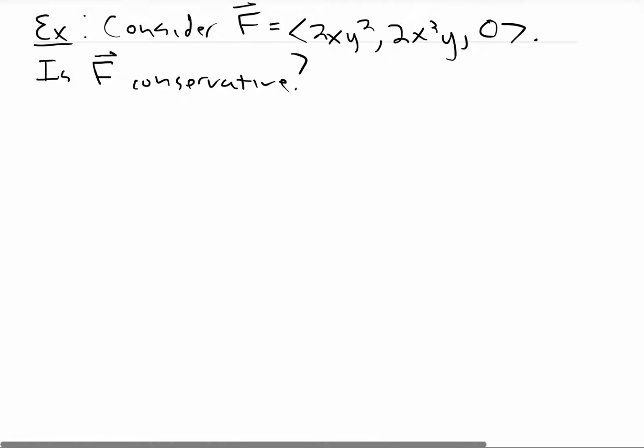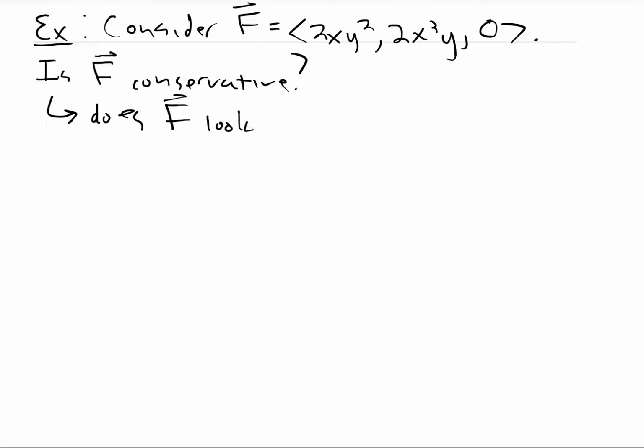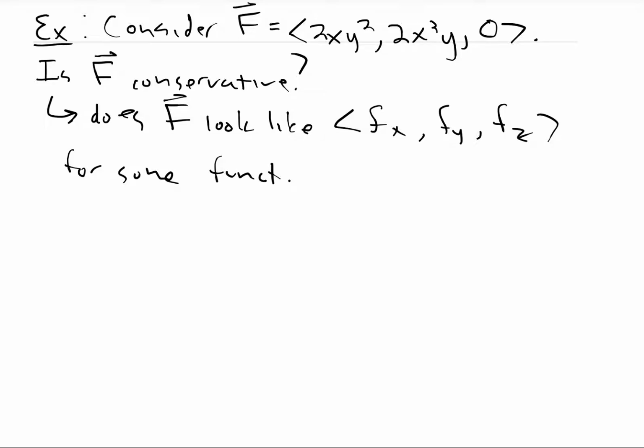What if I gave you something else to start with from scratch, right? What if I give you this F? Is this guy conservative? Well, the question that I'm trying to ask is, does F look like basically fx, fy, and since we're in 3 coordinates here, fz, for some function f of x, y, z?